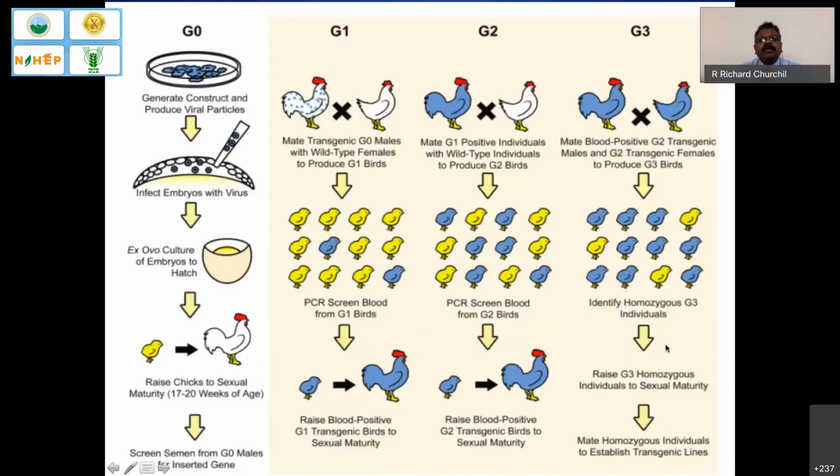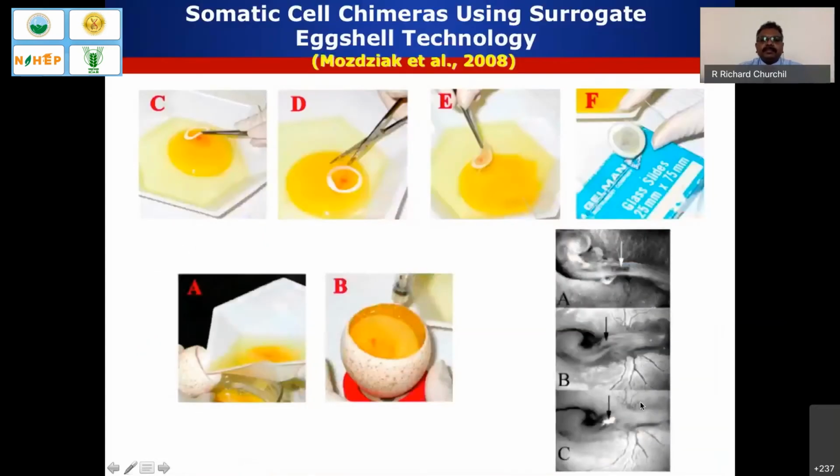So this is how, from a chimera parent, you produce the transgenic birds. This is the technology which is used in this type of cell-based methods.